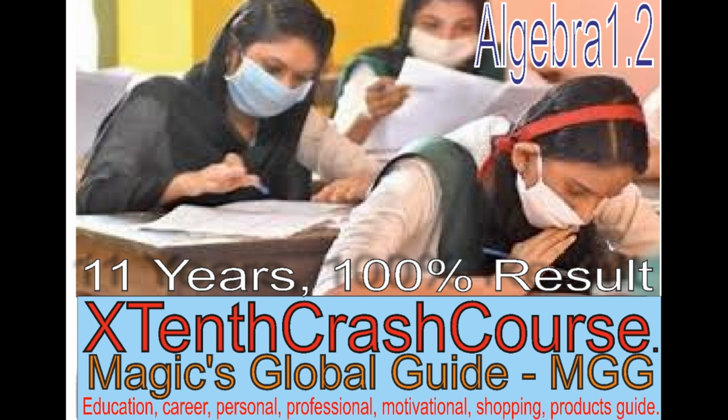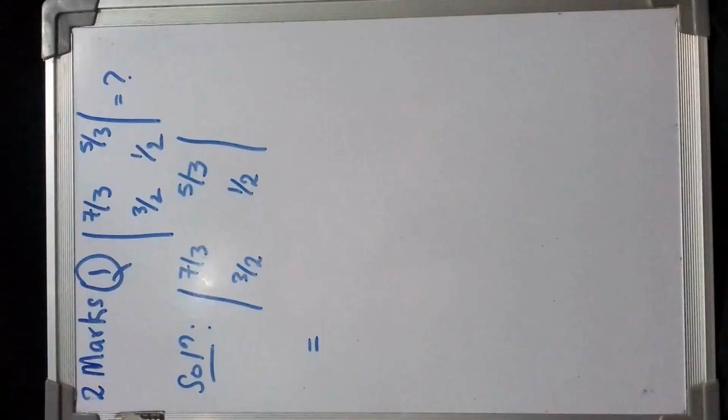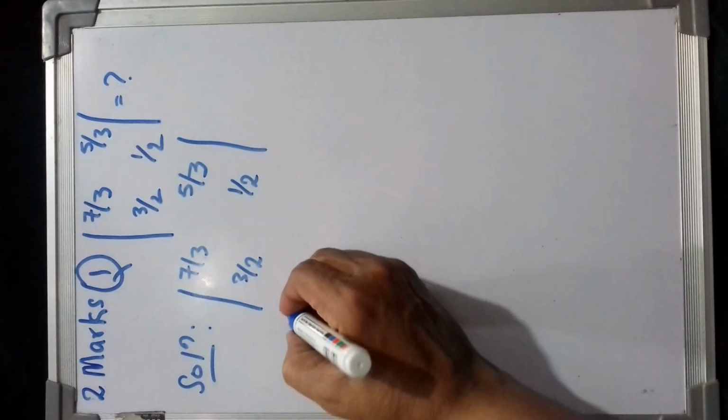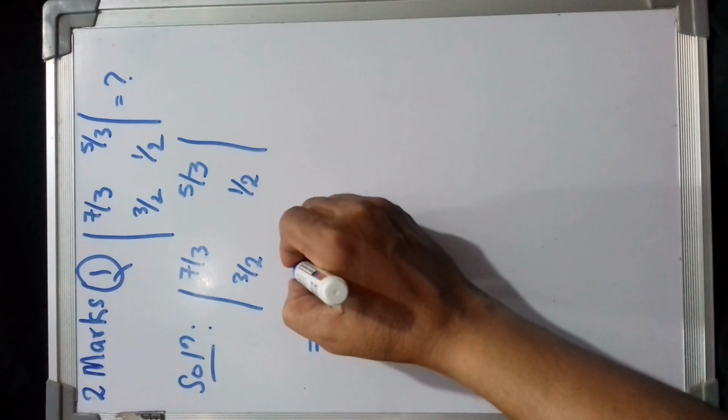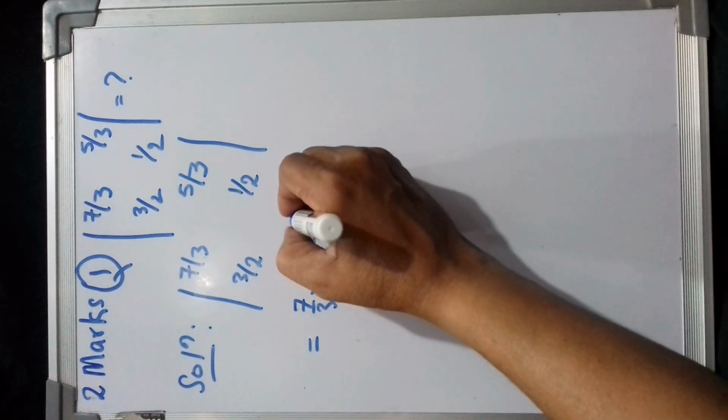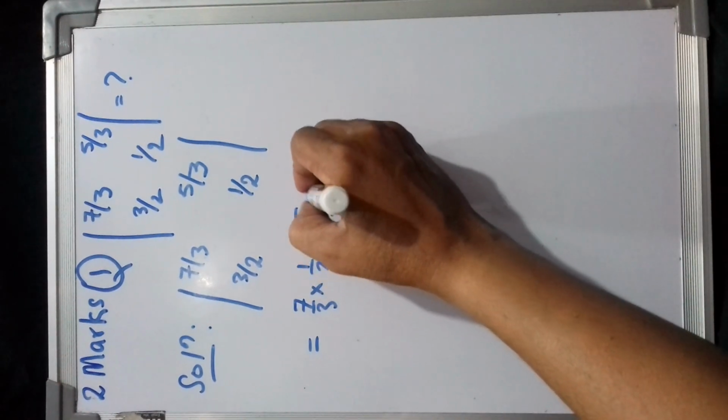In 2 mark questions, the first question is to find the value of the determinant. The first determinant is 7/3, 5/3, 3/2, 1/2.